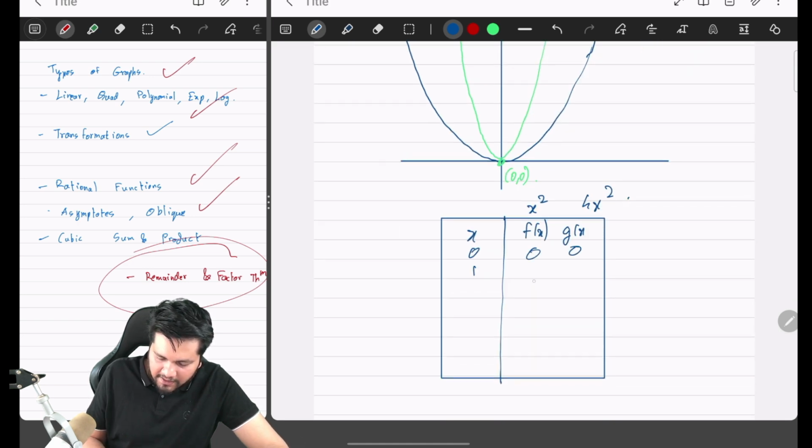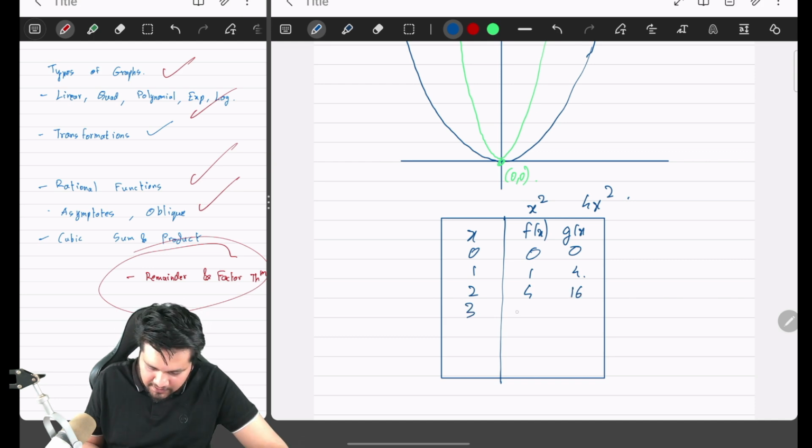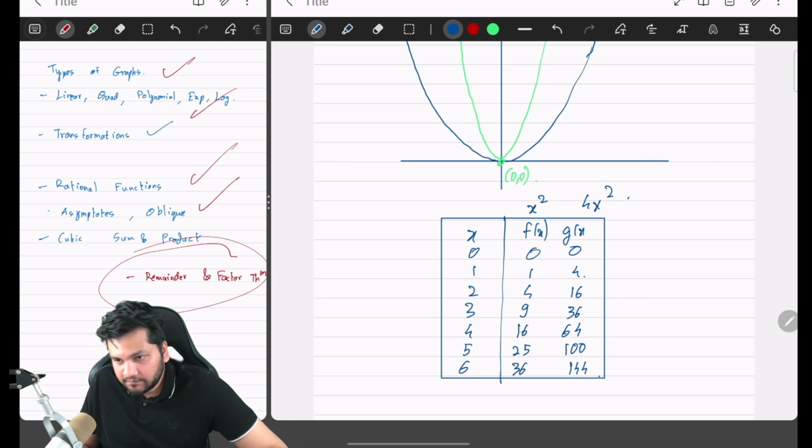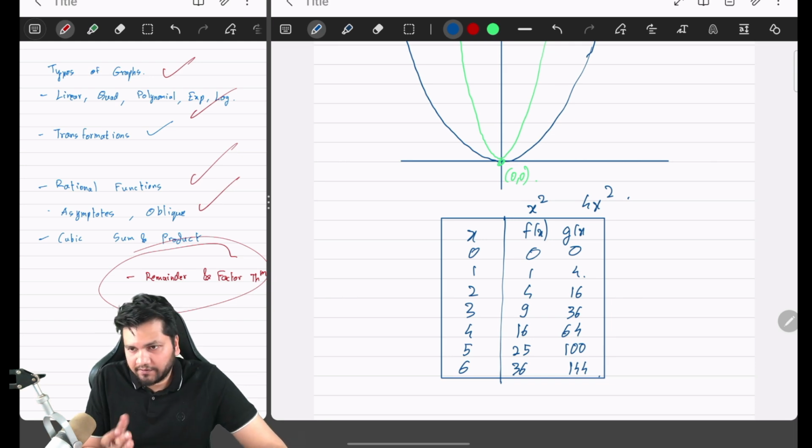If I take 1, I'll get 1 here, and 4 here. If I put 2, I'll get 4 here and 4 times 4, which is 16, here. If I put 3, it's going to be 9 and 36. Then if I put 4, I'll get 16 and 64. I think this much is enough, but take 5: 25 and 100. And here 6: 36 and 144. So these are the x square values and 4x square values.